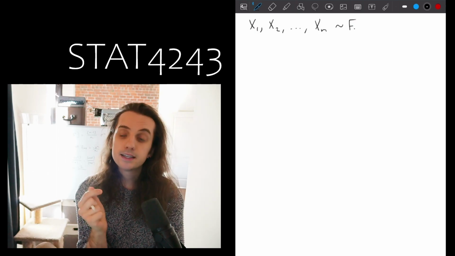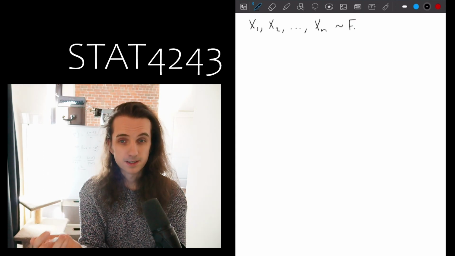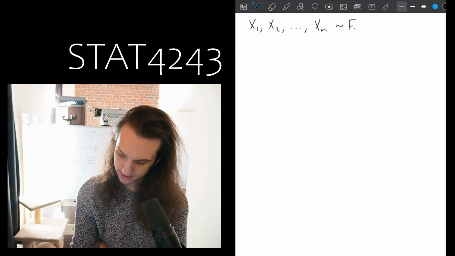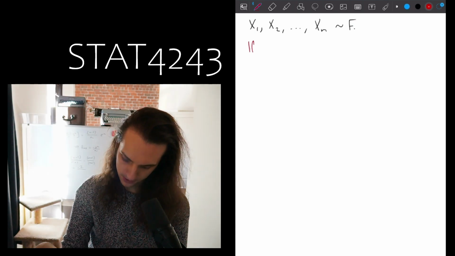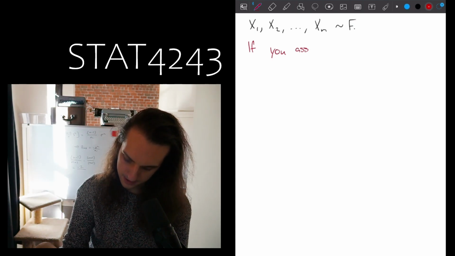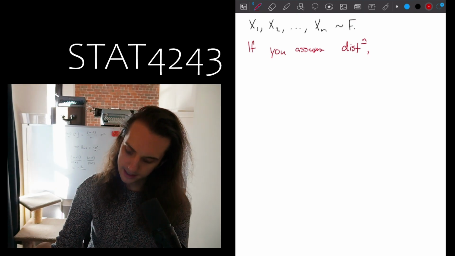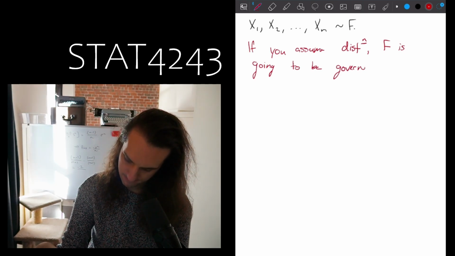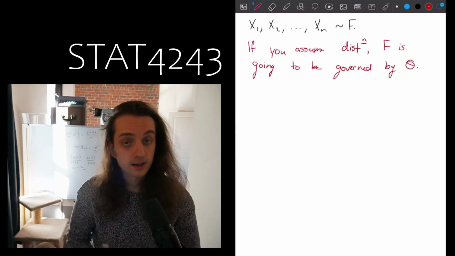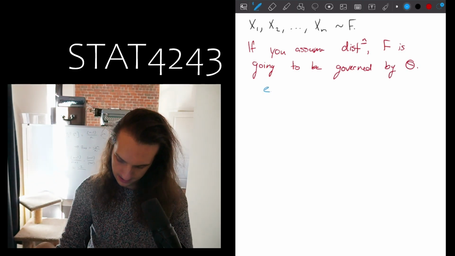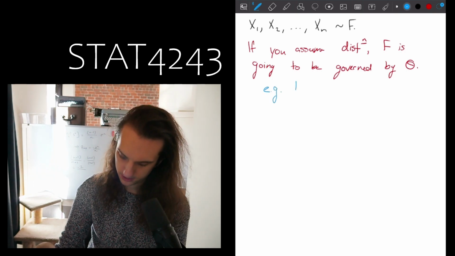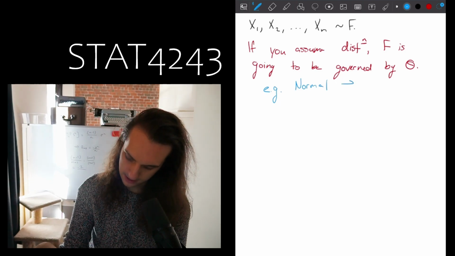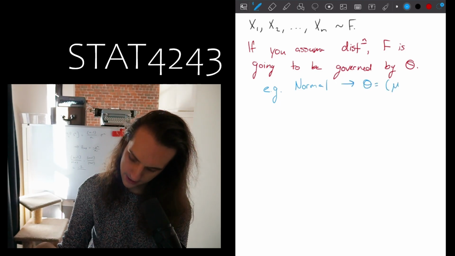And the idea is that if you were willing to assume some distribution, right, then this CDF in this parametric case is going to be governed by some parameter theta. Right, and so what we're thinking about here is, for instance, if you take the normal CDF, then theta is equal to the mean and the variance, right?